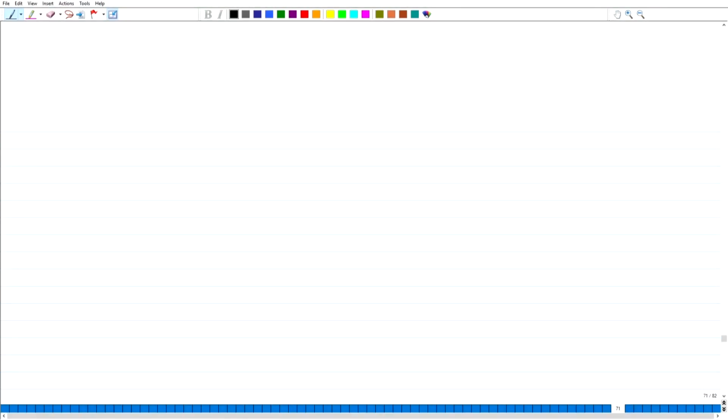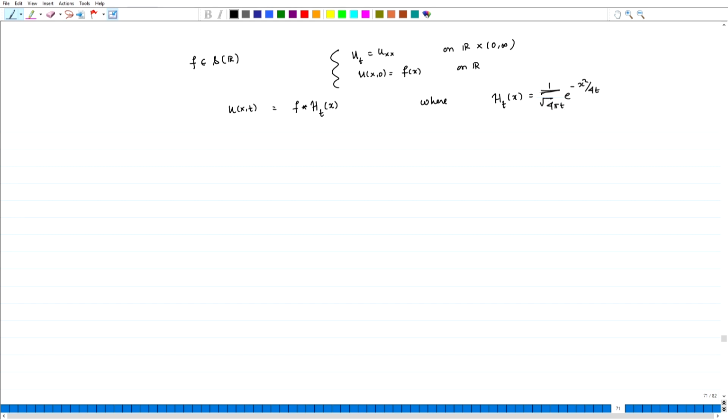Welcome back. In the last lecture, we have seen that if f is in Schwarz space and we consider the heat equation on R cross (0, infinity) with u of x, 0 equal to f of x on R, then u of x, t, which is equal to f convolution with the heat kernel h_t of x, where h_t of x is equal to 1 by square root of 4 pi t e to the power minus x square by 4t, is going to be a solution.